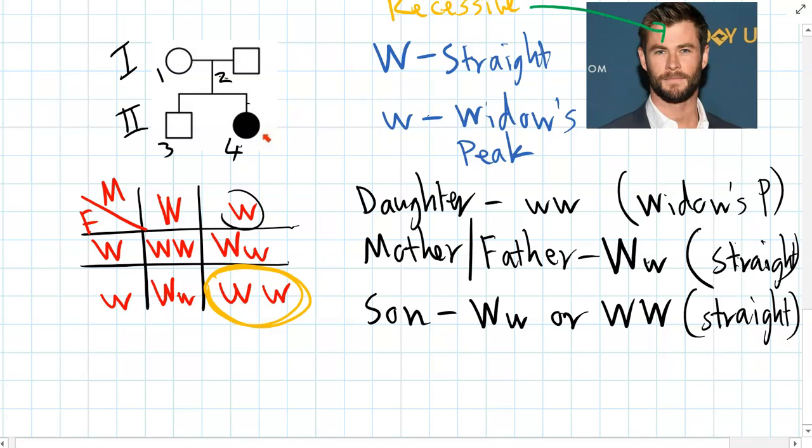So that shows that widow's peak is recessive, and the overall summary to look for in a recessive trait is that two parents that aren't affected can have an affected child. And that's what proves that a trait's recessive.